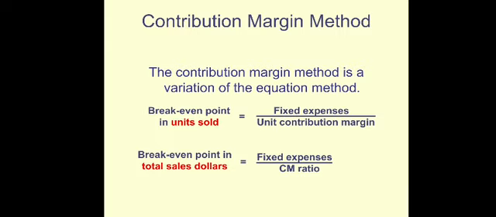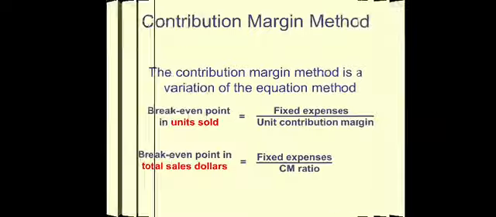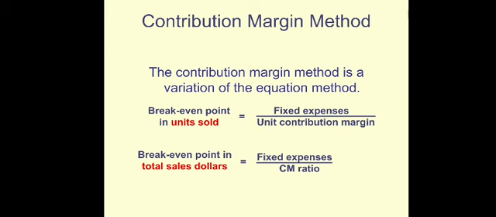Now we see the calculation. If you put numbers into the formula, you can calculate. For the break-even point in terms of units, it is fixed expenses divided by unit contribution margin. Remember for Wind Bicycle, the fixed expenses are 80,000. The unit contribution margin is $500 minus $300, which equals $200.